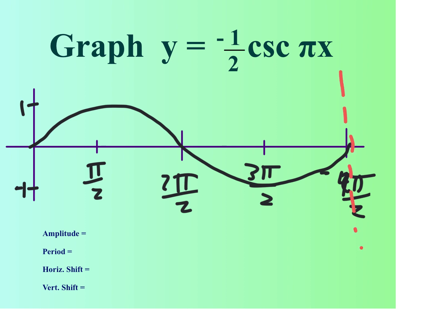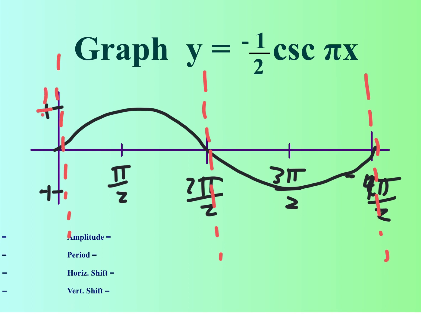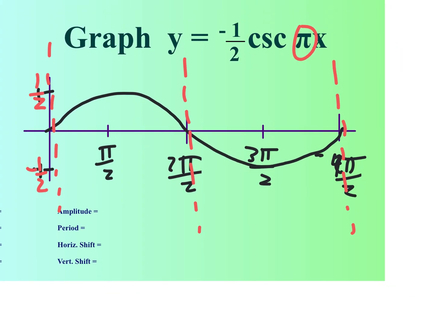Asymptotes come in. This turns into a half, a half. Now, I would do my renumbering next. I guess it wouldn't matter too much. The shifting, there's no shifting, thankfully.